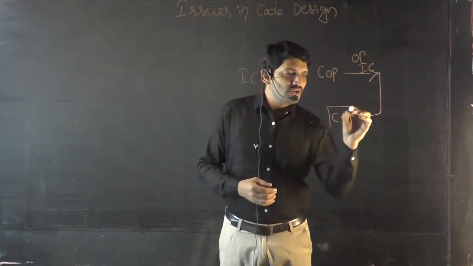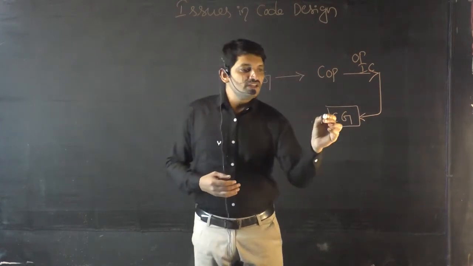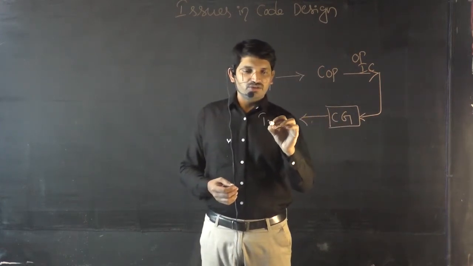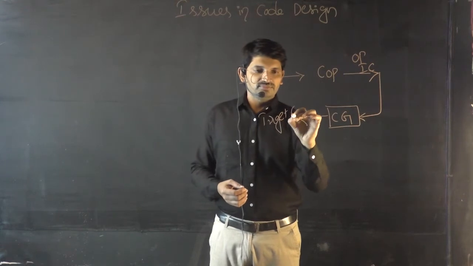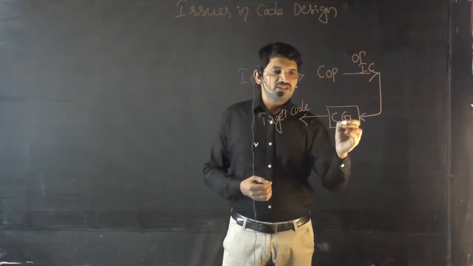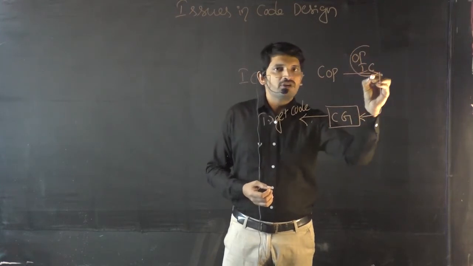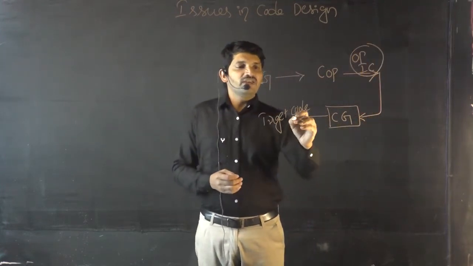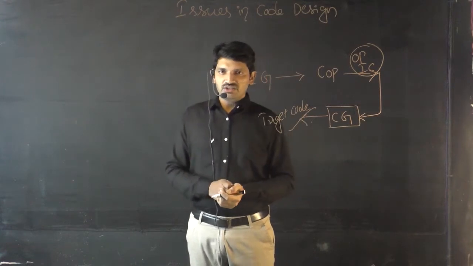After this, the code generator generates the target code. Clear? So the input for the code generator is optimized intermediate code, and it generates the target code.